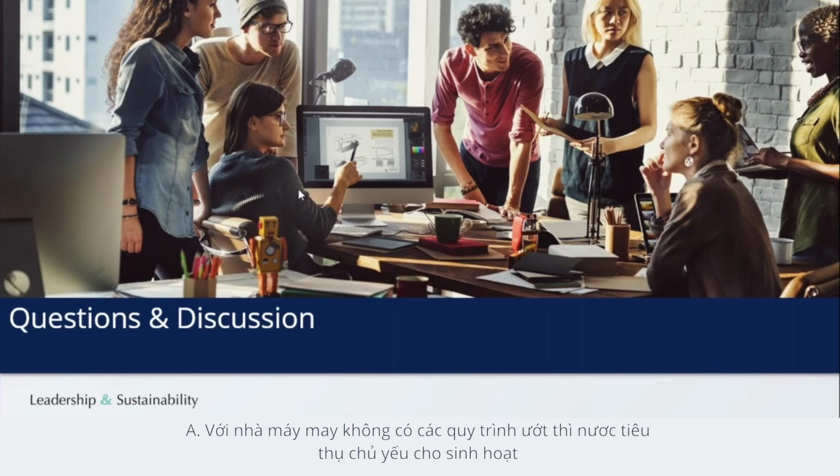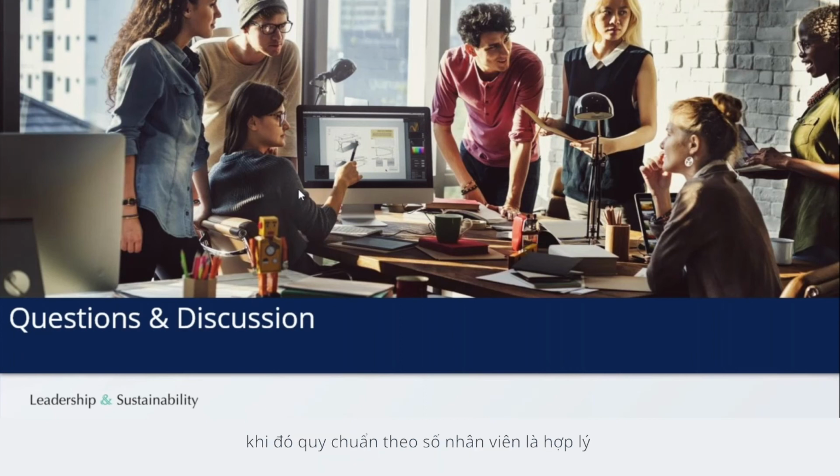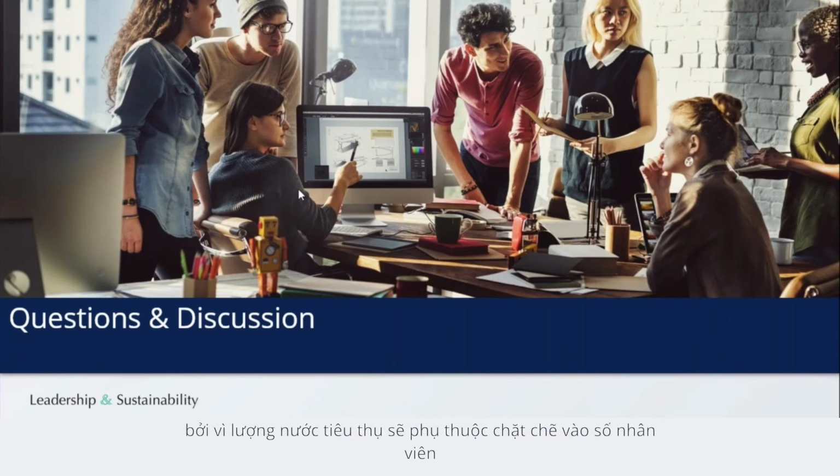And in this case, it may make much more sense to have the normalized value by number of employees, since production doesn't influence your water consumption, but only the number of employees that you have influence the water consumption that you have.